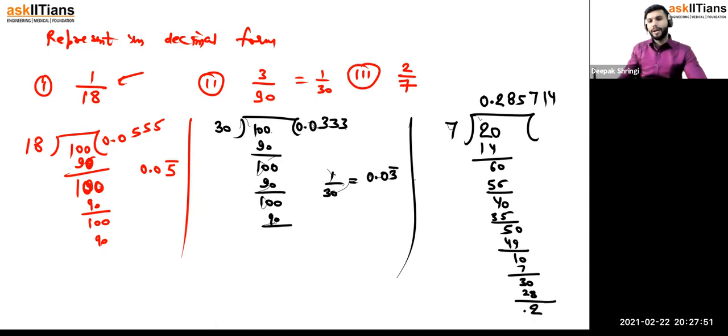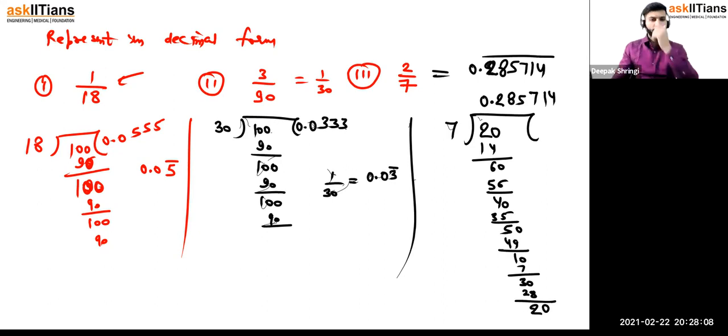Aha, yep, we got the pattern now, because again it would be 20 and then 14 and then 60, 56, the same thing, right? So that number is going to be 0.285714 and a bar. Got it? Okay, that's it. Now clear? सबको कोई doubt? Understood? Easy? Understood? Okay.